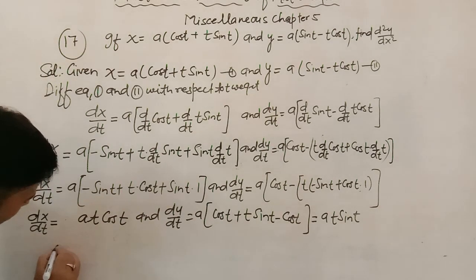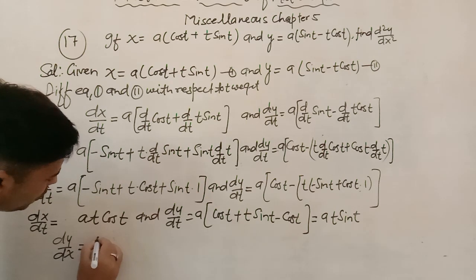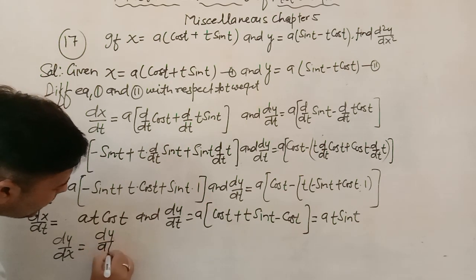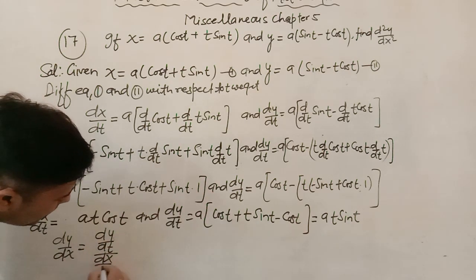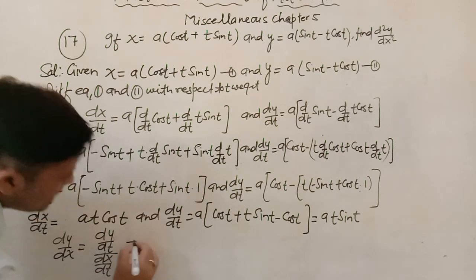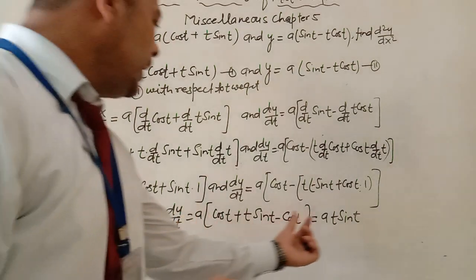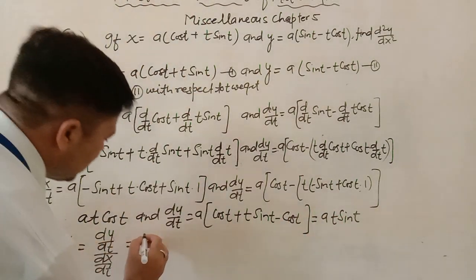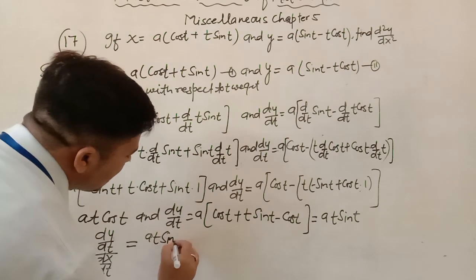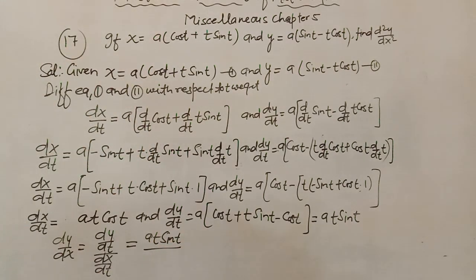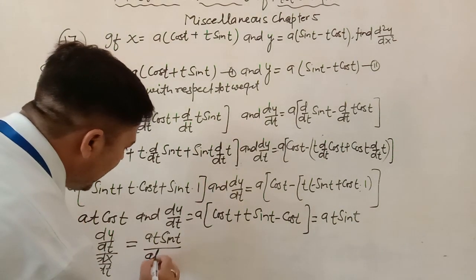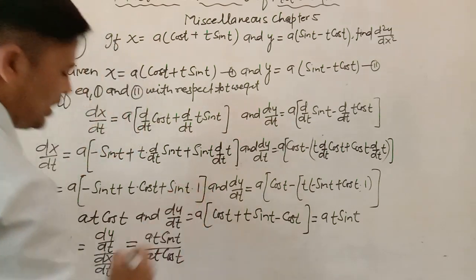Now the value of dy upon dx is equal to dy upon dt divided by dx upon dt. dy upon dt is a t sin t, and dx upon dt gives you a t cos t.